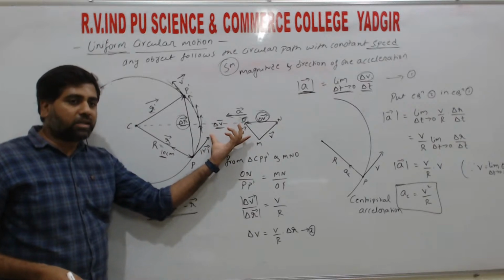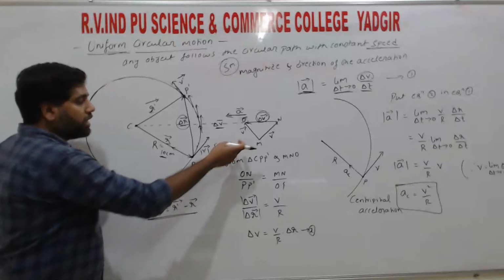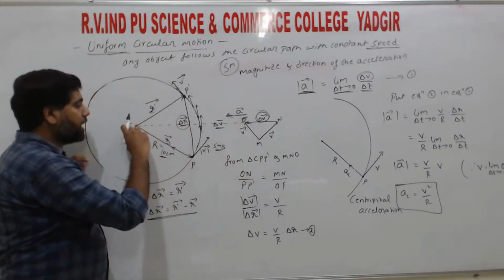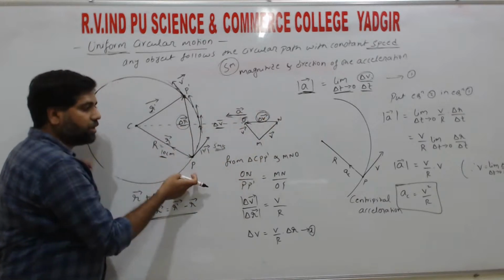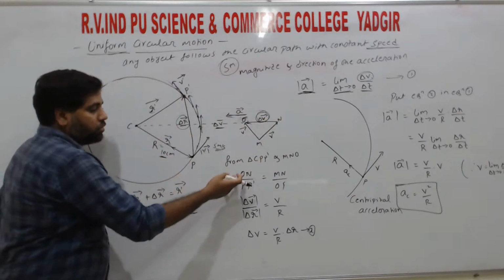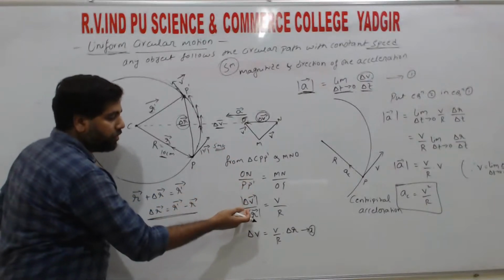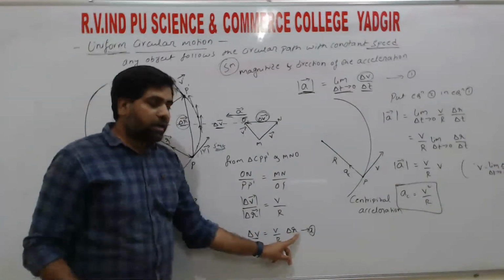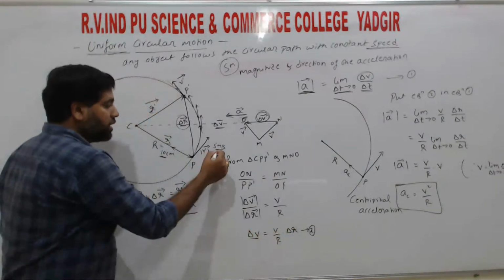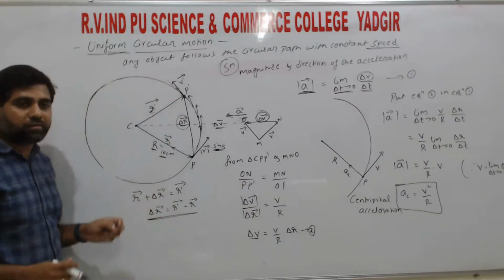So if two triangles are similar, we can take the ratios of the sides, right? We can take any one ratio, MO divided by CP dash, or MN by CP, right? So taking the ratios of the triangles, we get delta V divided by V equals delta R divided by R. As already said, the magnitude of the velocity is the same and the radius is also the same, right?